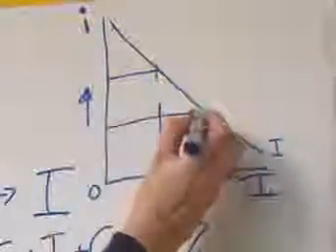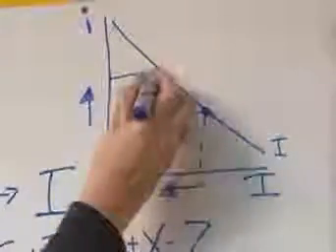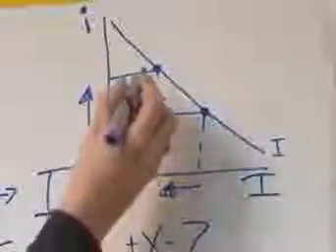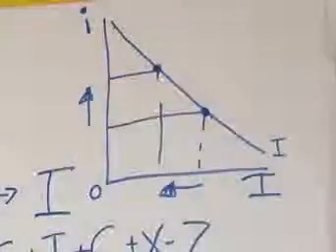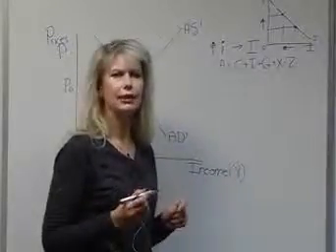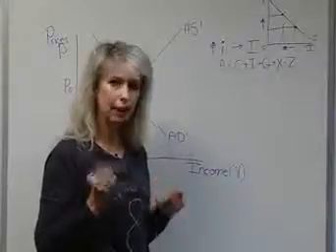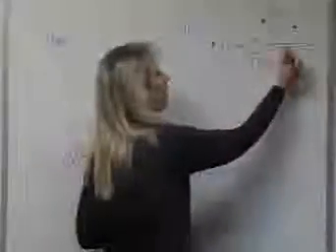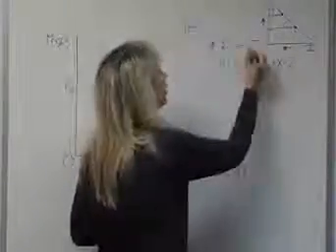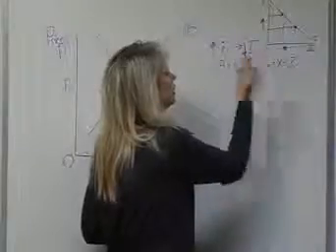Why is that? At a lower interest rate, there's going to be more investment than at a higher interest rate level. It's because at a higher interest rate level, it's more expensive to finance your investment, so there will be fewer investment projects that will be viable. So we know now, due to the increase in the interest rate level, investment will decrease.